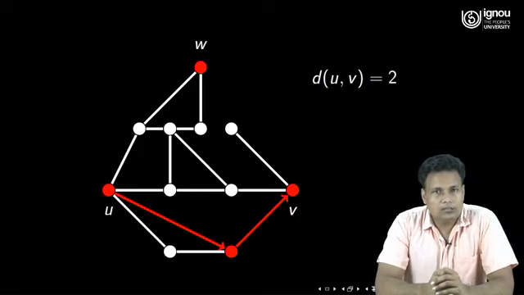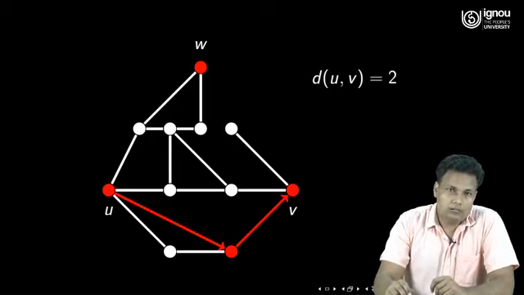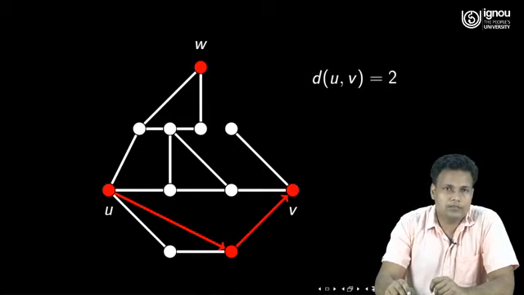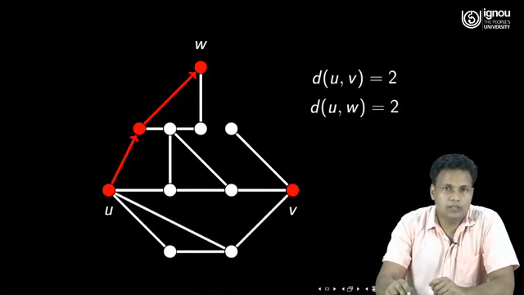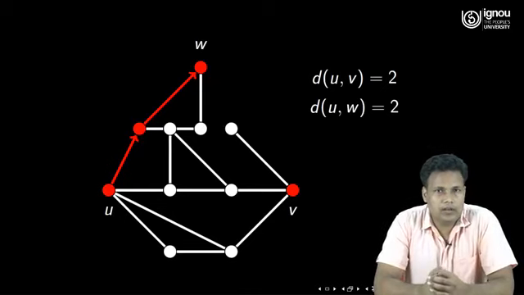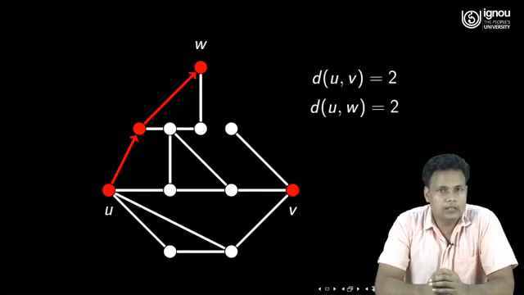This path has length 2, and hence the distance between u and v is 2. Now look at the vertices u and w. The shortest path from u to w is shown in red edges, which also has length 2, and hence the distance between u and w is also 2.